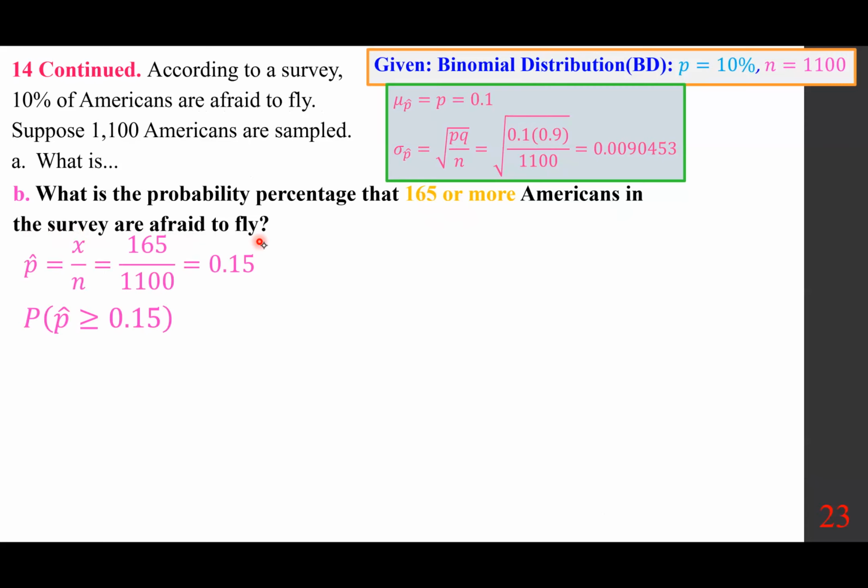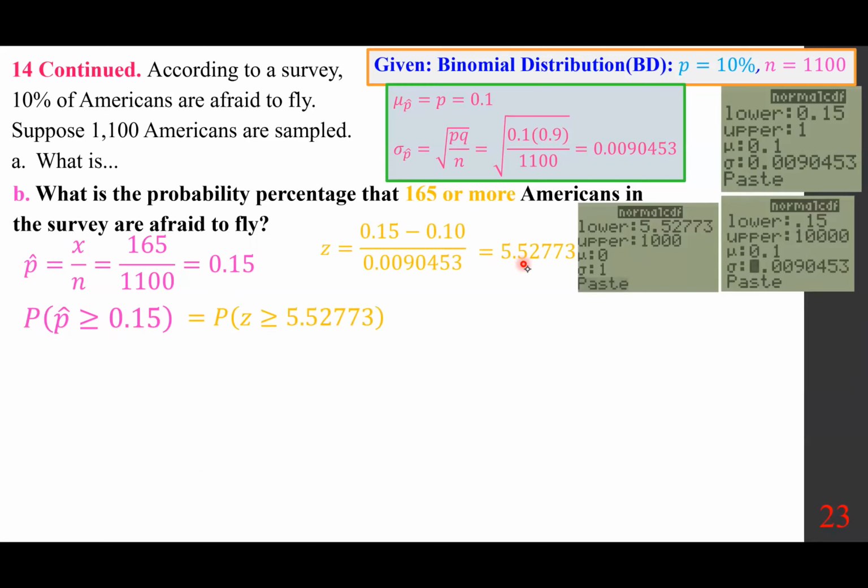We calculate the z as p hat minus p over the sigma of p hat, which gives us this number, 5.52773. We put it here, and if we use a calculator or any technology, we can say lower is 0.5, upper is 1, mu is 0.1, and we get this answer.